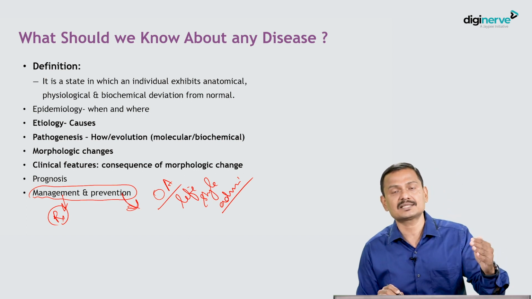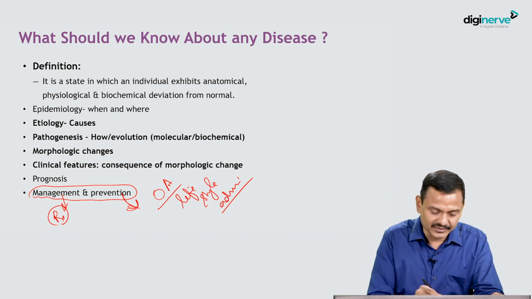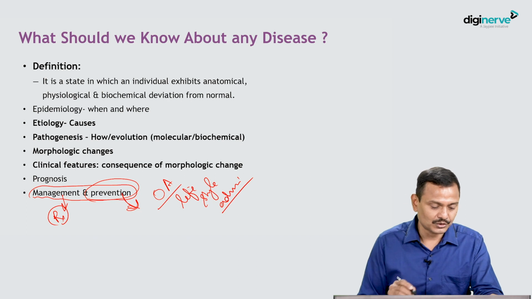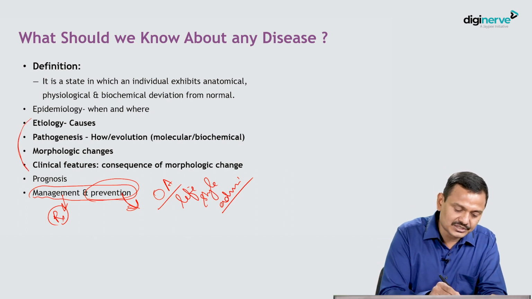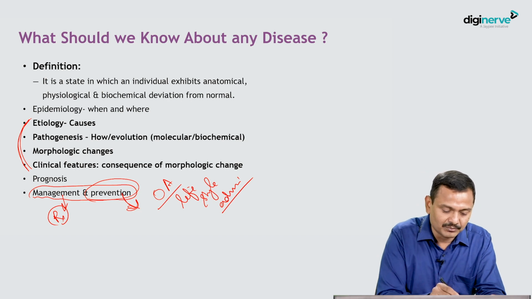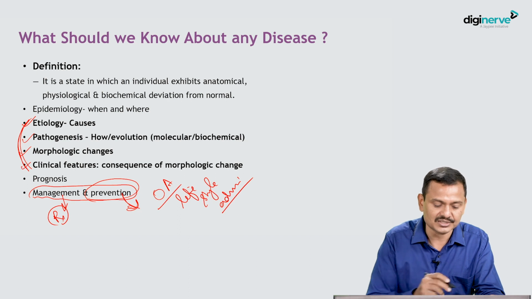So the early disease does not go to a late stage disease, and there we have to ask them for some interventions. If you see, I have put these four in bold because a pathologist will be dealing mostly with the etiology, the pathogenesis, the morphologic changes, as well as the clinical features of any disease process.